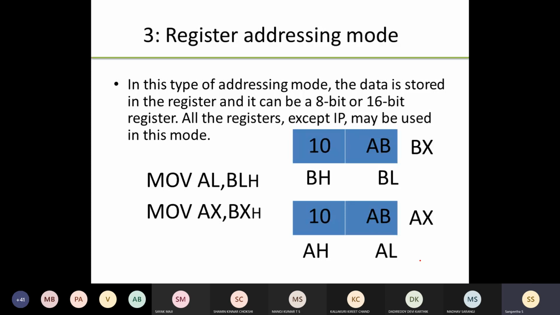The data is stored in a register and referred to using that particular register, so it is called register addressing mode. In BL you had AB, and that will be moved to AL. Similarly, what you have in BX will be moved to AX, meaning if BX has 10AB, it will be transferred to AX. These are some examples of register addressing mode.